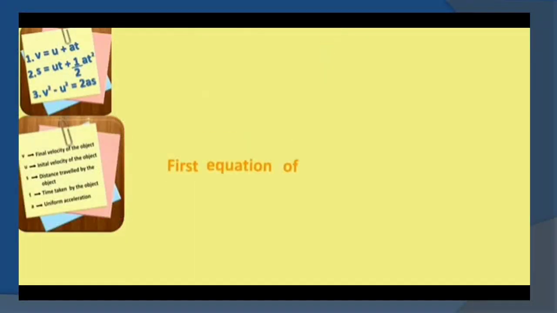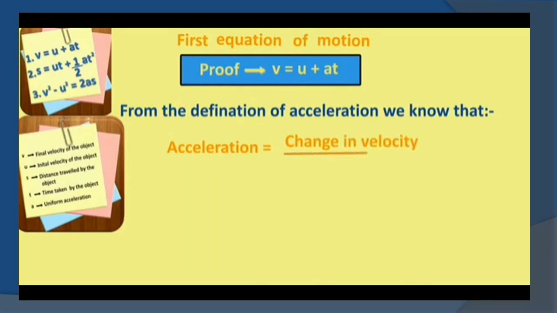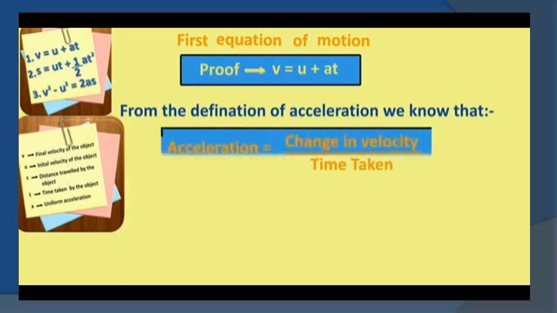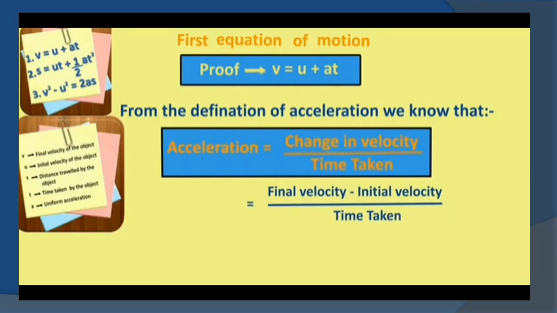Okay, so the derivation of the first equation of motion. From the definition of acceleration, the formula of acceleration is change in velocity upon time taken. So here we can write change in velocity, final velocity minus initial velocity, upon time. Final velocity is denoted by v, initial velocity by u, and time by t.